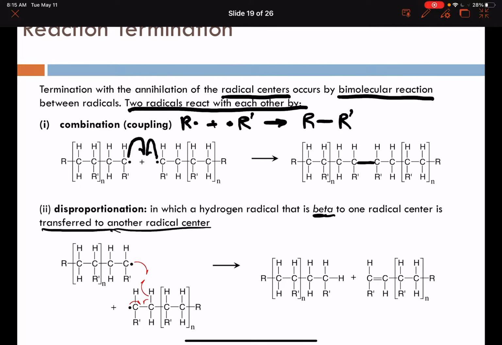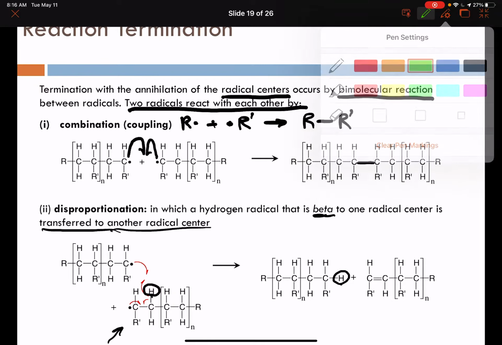Using those same molecules above, we'll position them here in a similar fashion, a little offset, but again, kind of pointing the reactive groups towards one another. Here what we're going to see is that this beta proton, so it's not directly tethered to the radical site, but offset by one spot, a beta position proton, is going to end up bonded onto one polymer. So this is a hydrogen abstraction. To show how this forms, we'll use those reaction arrowheads again.